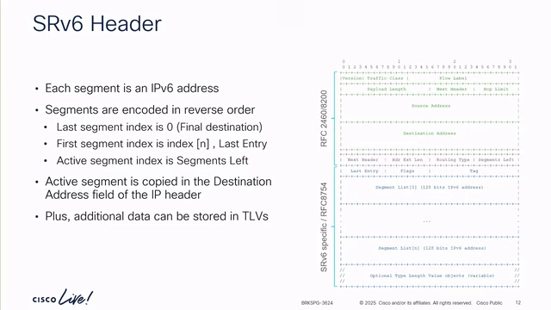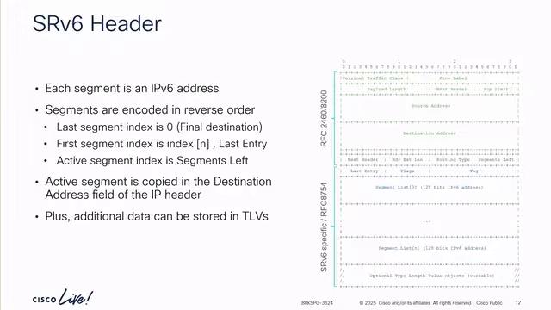So the destination IP address will be the endpoint of a segment. But we have multiple segments. Where do we put them? We're going to put them in order, reverse order, but okay, in order in the SR header, SRH, which of course has a variable length because you can have multiple IPv6 addresses there.